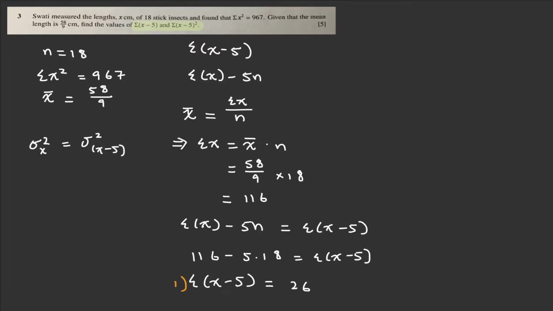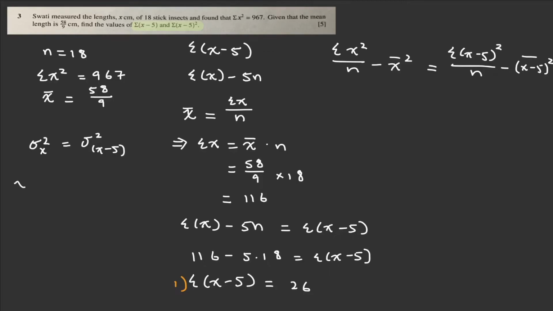So using that knowledge, we can write that sigma x squared over n minus x bar squared is the same as sigma x minus 5 squared over n minus the mean of x minus 5, squared. And we realize once again that we have everything on this side and n, but we're missing x minus 5 bar. So how do we figure that out?